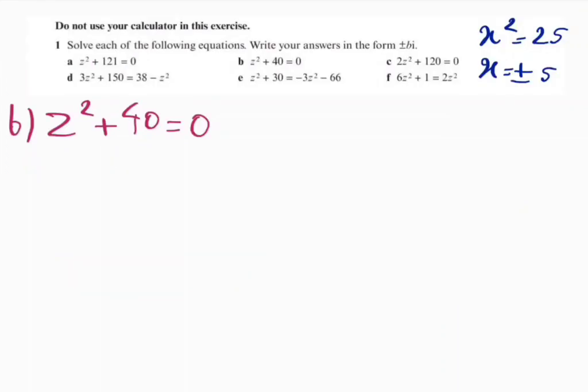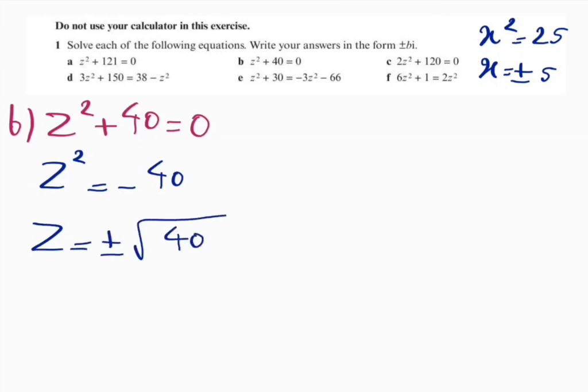B, z squared plus 40 is equal to 0. Take away 40 from both sides and we get z squared is minus 40. Now we can take the square root of both sides, so we have z is equal to plus or minus root minus 40.